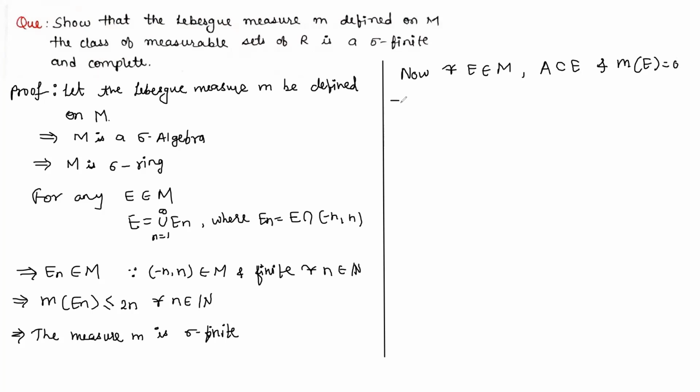Since A is a subset of a measurable set with measure zero, it implies that A is measurable, and also the measure of this set A is equal to 0. So from this, it implies that A belongs to the class of measurable sets, that is, A belongs to capital M, and hence by the definition of completeness, the measure m is complete.